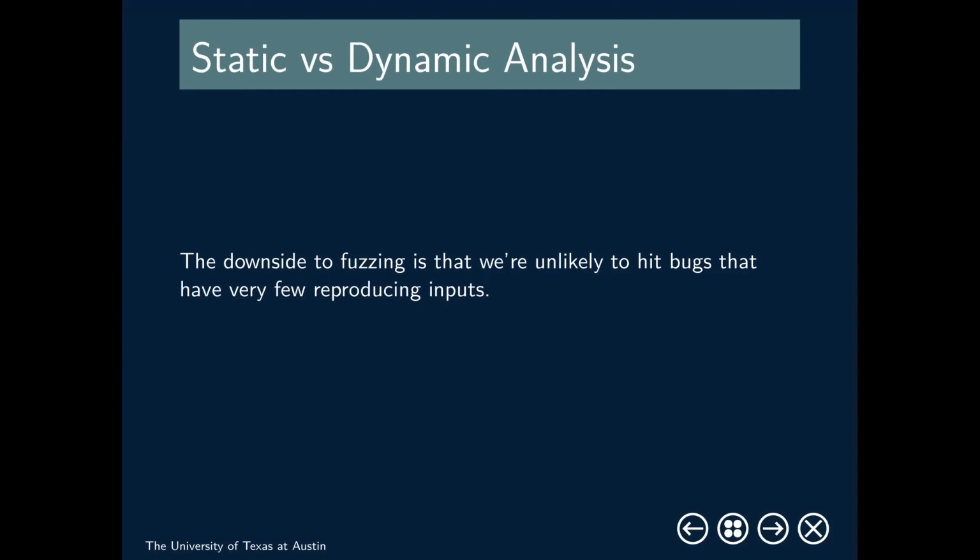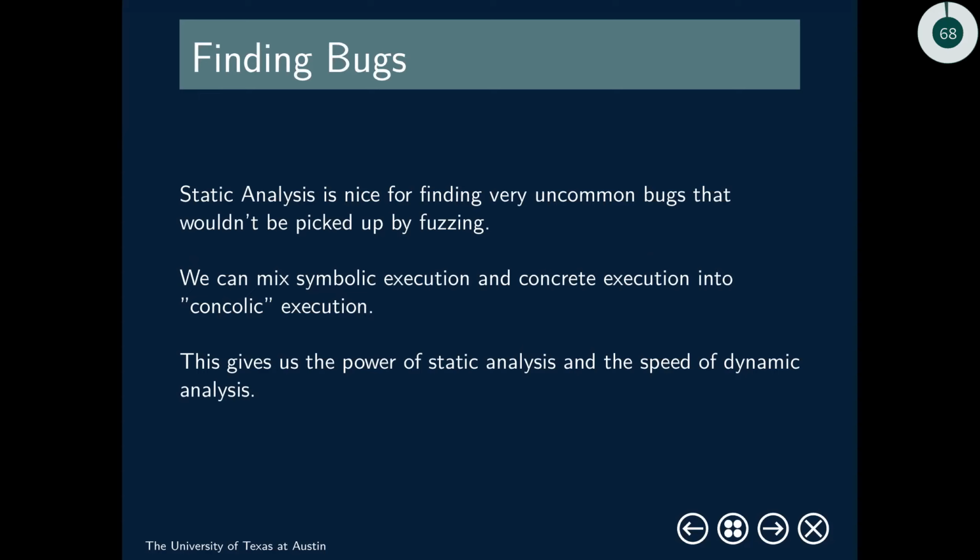And what's the likelihood that you hit the 3 in a billion input that is going to trigger a specific bug? So static analysis is actually nice for this specific case. If we have very uncommon bugs that wouldn't be picked up by fuzzing, we can pick them up using static analysis with our symbolic execution.